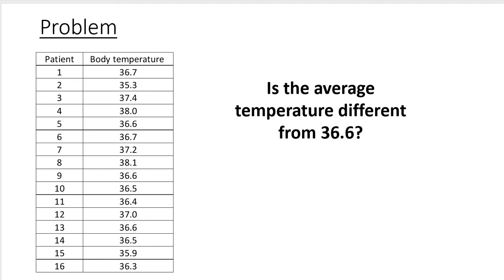Because again, our research problem is formulated in such a way. It does not really matter whether temperature is bigger than normal or lower than normal. For us, it's enough to know whether it is equal to the normal one or not.